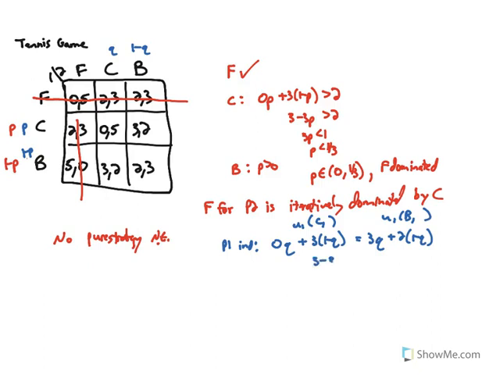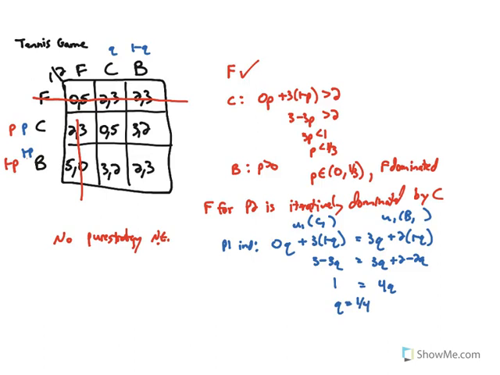So that means 3 minus 3Q equals 3Q plus 2 minus 2Q. So we're going to have a positive 1Q, so I get a 4Q on this side, and then the other side is going to be a 1. So Q equals a fourth.